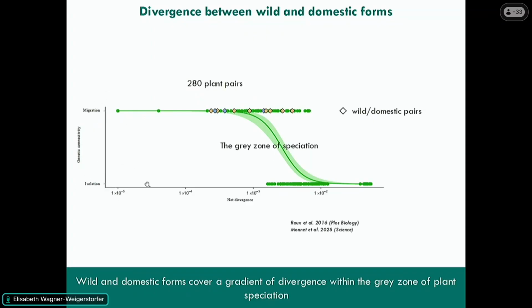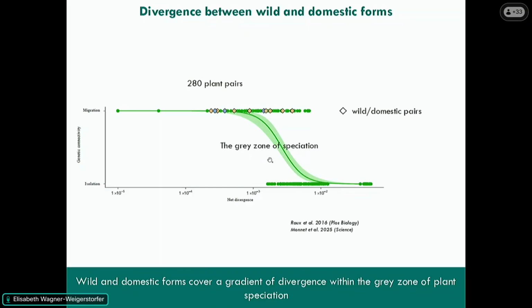On the x-axis you have the net divergence. You see that you transition from a state where you are a single species to a state where you are two isolated species, and the level of divergence on average is different. But in between those two, you transition through a state of semi-isolated species with intermediate levels of net divergence.